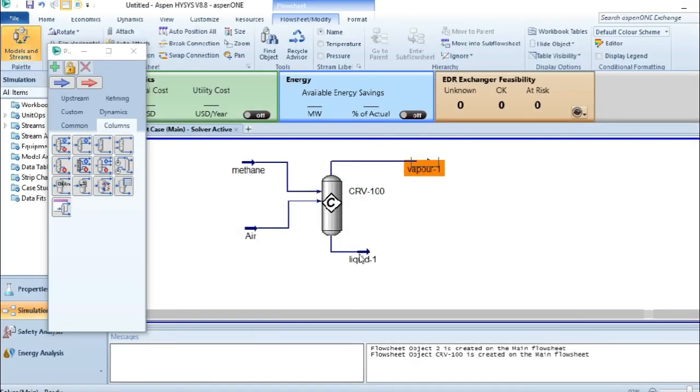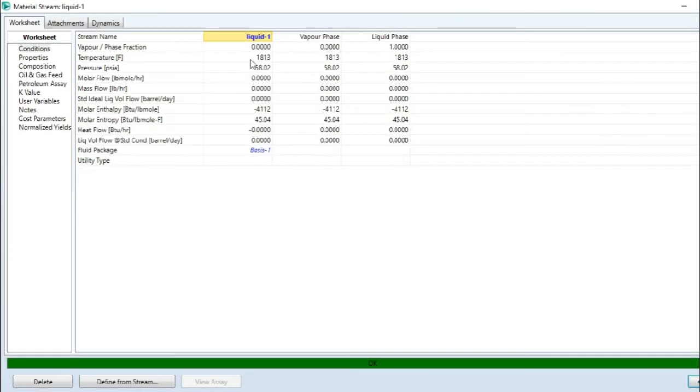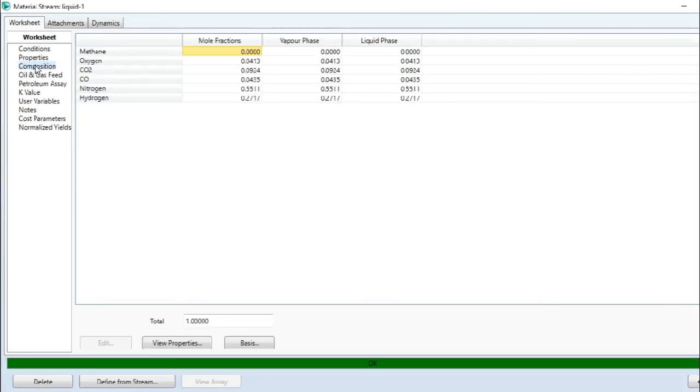So let's check the liquid and see. In the liquid there's no methane also, but I have oxygen to be 0.413, carbon dioxide to be 0.0924, carbon monoxide to be 0.0435, nitrogen to be 0.5511, and hydrogen to be 0.2717.